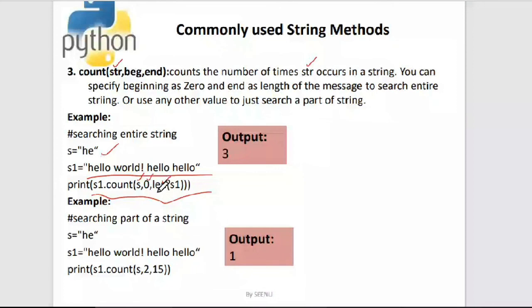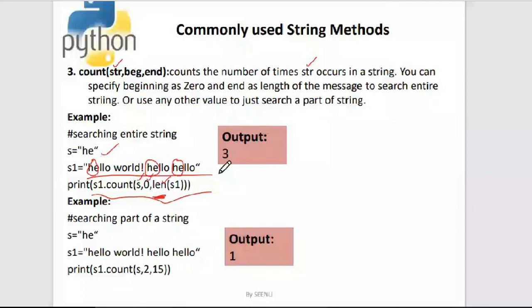When I say len of S1, it will give the length of the string. Now the occurrences of HE: this is the first occurrence, this is the second, and this is the third, because I'm searching the entire string. So how many occurrences of HE are found? 3 occurrences are found, so it is giving 3.